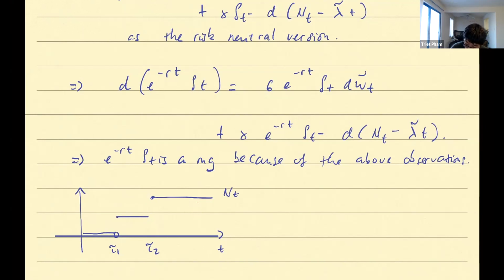So in other words, at the jump, the new value is after the jump, not before. Why is this the case? This is the case to reflect, if you will, that the process itself is not predictable.